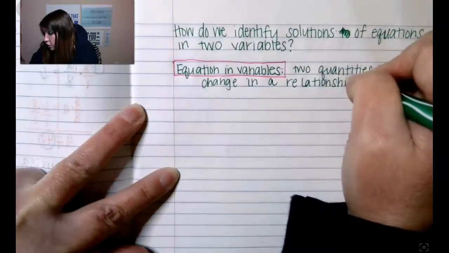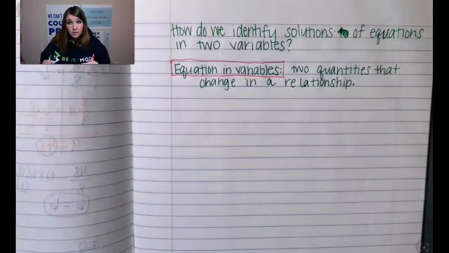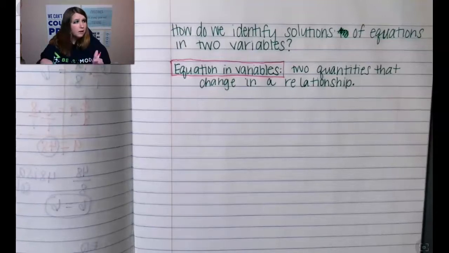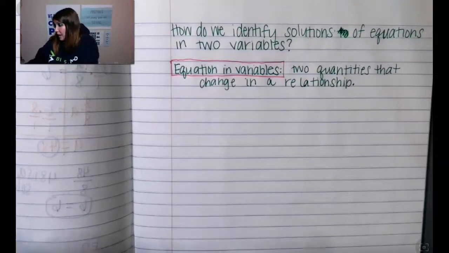Okay, so you're going to have two amounts that change during the relationship. Now, I'm not talking a relationship where it's either like dating or marriage or love, that kind of relationship. I am talking about a relationship that has to do with something like time.